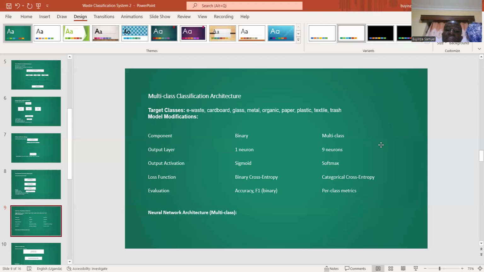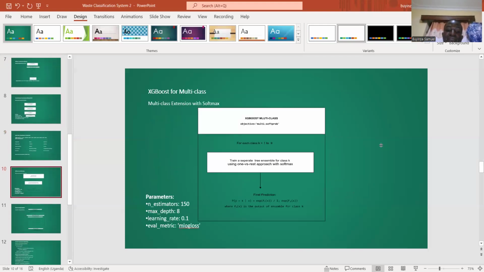When we come to the neural architecture for the multi-class, we look at the XGBoost for the multi-class, which here we present with an illustration that gives us a clear picture of the multi-class extension with the softmax, where we have the XGBoost for the multi-class, with the objective, and inside it we look at each class, where we have k equal to 1, taking us up to 9.